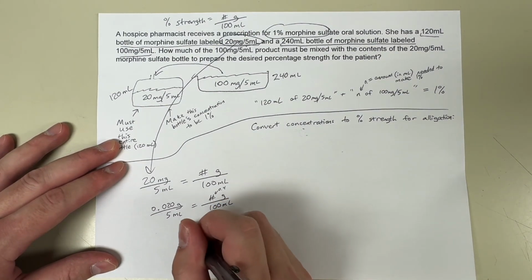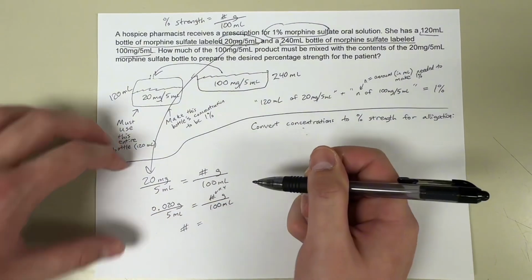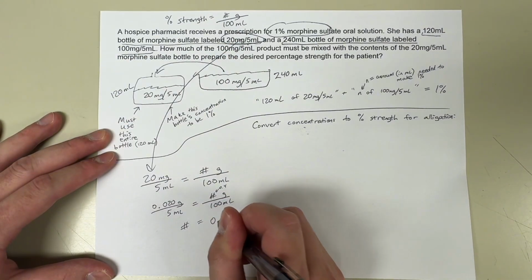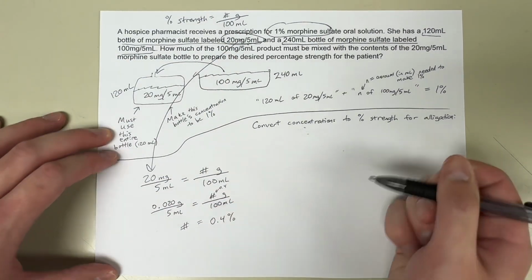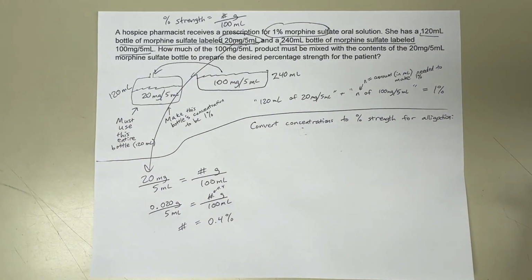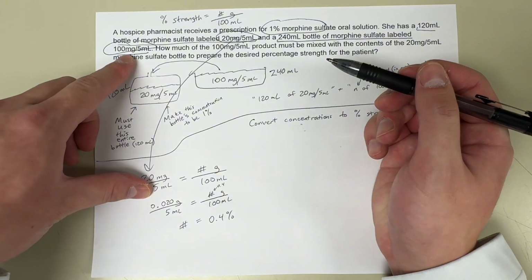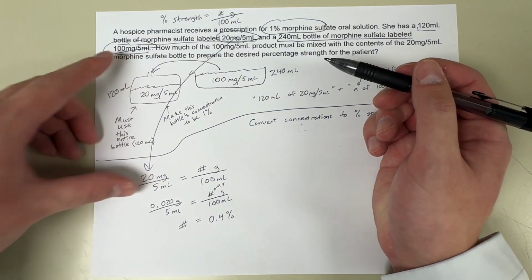So our percent strength for this 20 milligram per 5 milliliter concentration is the same thing as 0.4%. Now I'm going to do the same thing to this other concentration, the 100 milligram per 5 milliliter concentration.